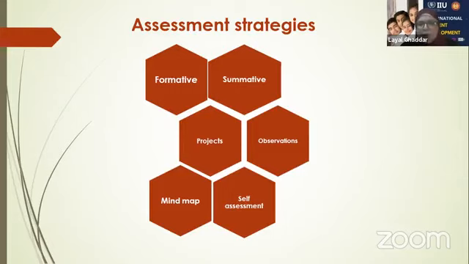Mind map, I can also, through mind mapping, assess or check their understanding. And self-assessment. Self-assessment is a way to give the student a rubric or checklist, after, for example, doing a worksheet, or whatever the teacher provides them. They can check their answers, or they can check their writings through the rubric or checklist. This is called self-assessment.